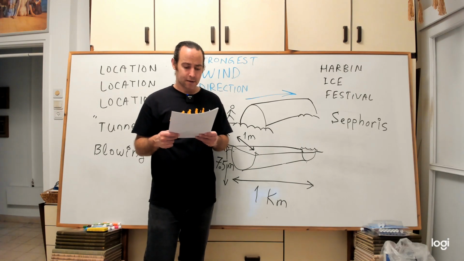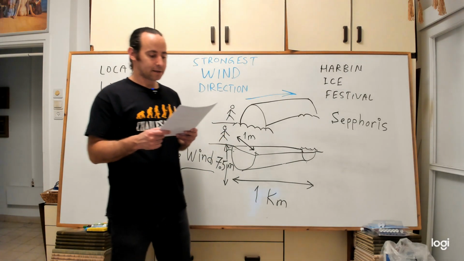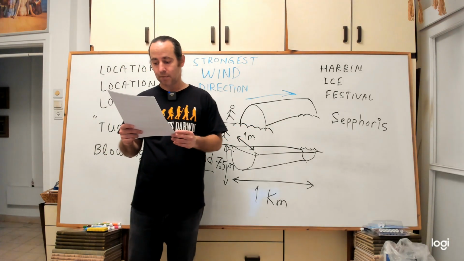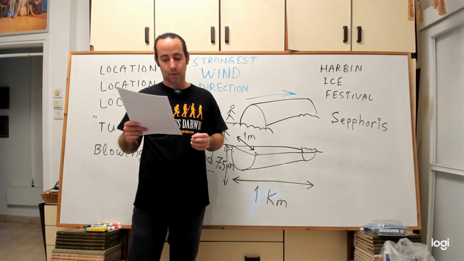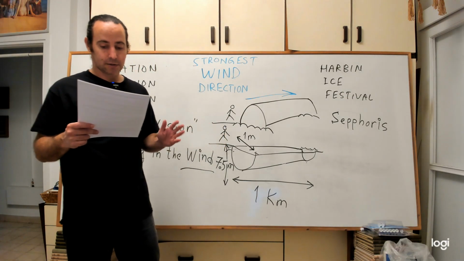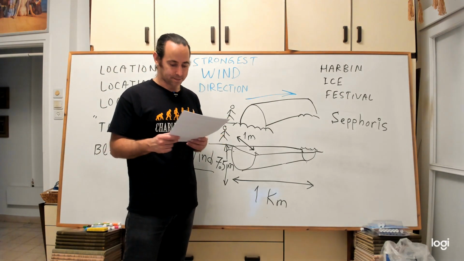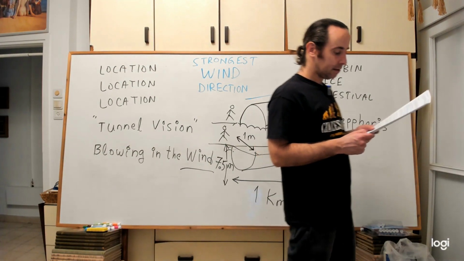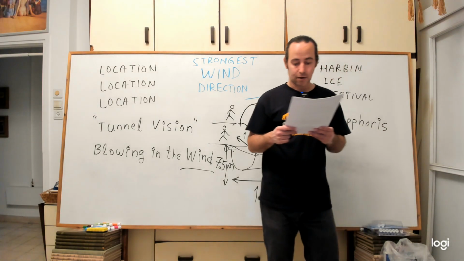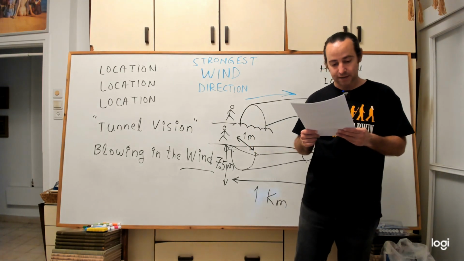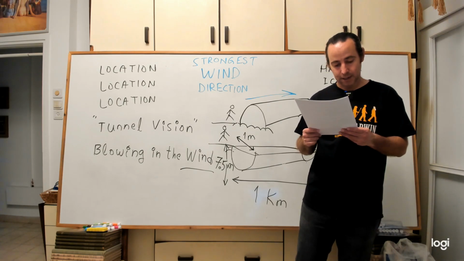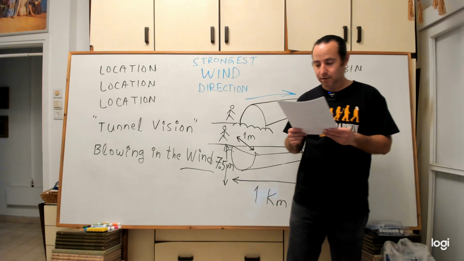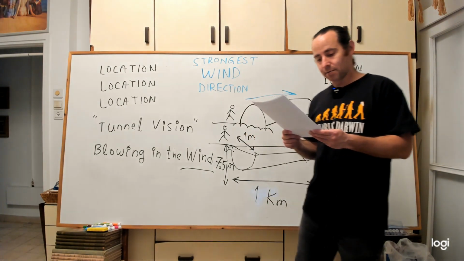It's important that the tunnel is along the direction of the strong winds in that spot. Just like in your home, you know which direction each year the strongest winds come from. Since we decide what direction we make the tunnel, we make it along the direction where it can be ventilated by the wind.